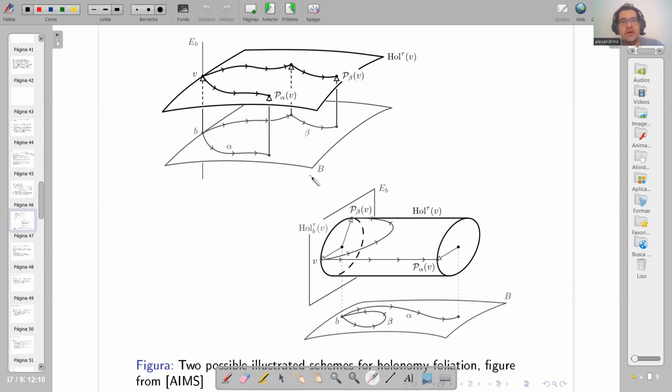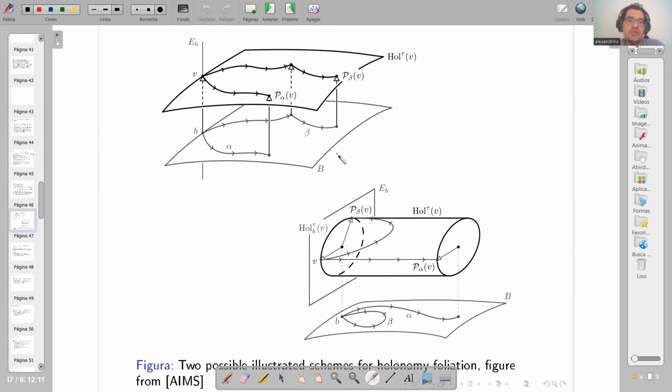There are curves in our base, and I translate this vector in all possible directions. This induces a submanifold that we will call the leaf through v. The intersection of this submanifold with the fiber turns out to be orbits of the holonomy group.